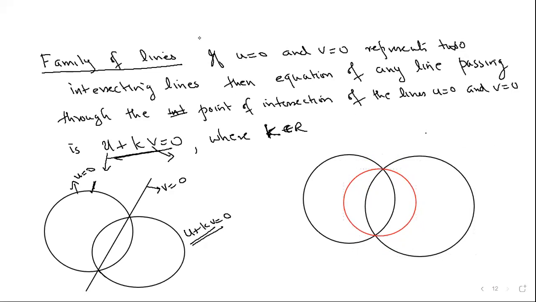The equation of this circle is u equal to 0. The equation of this circle is v equal to 0. Then the equation of this circle will be u plus kv equal to 0. You understand? Yes, sir.